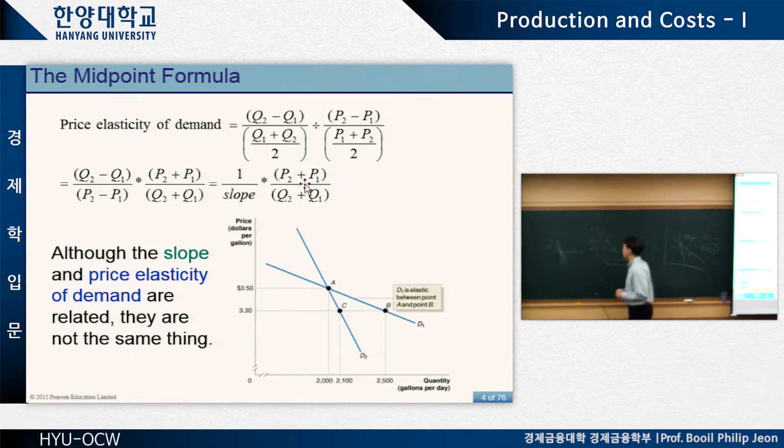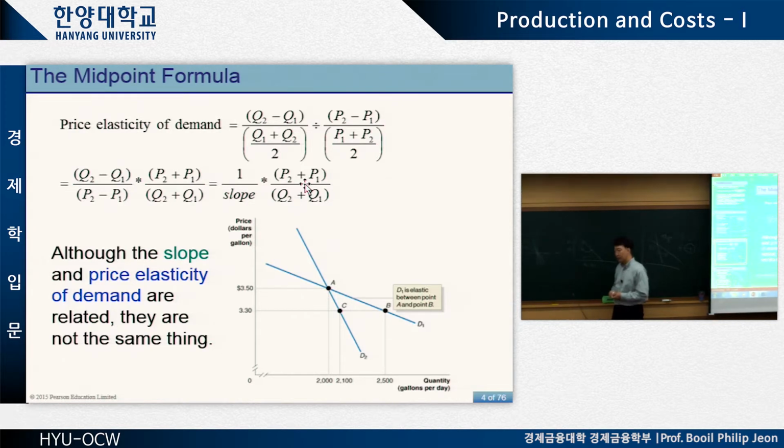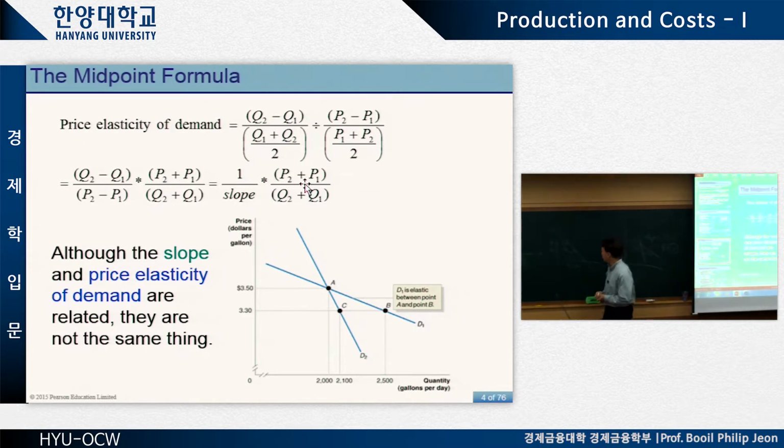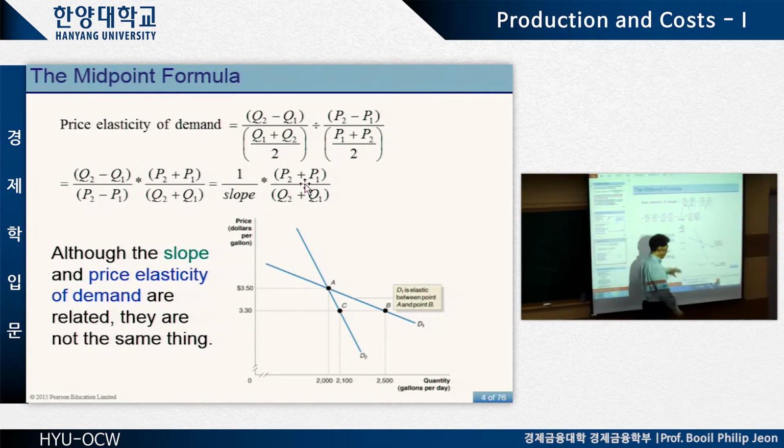Because if you have a straight line demand curve, elasticities are all different depending on where you are. You will have different elasticities. Make sure you understand that clearly. So, let's finish this one.